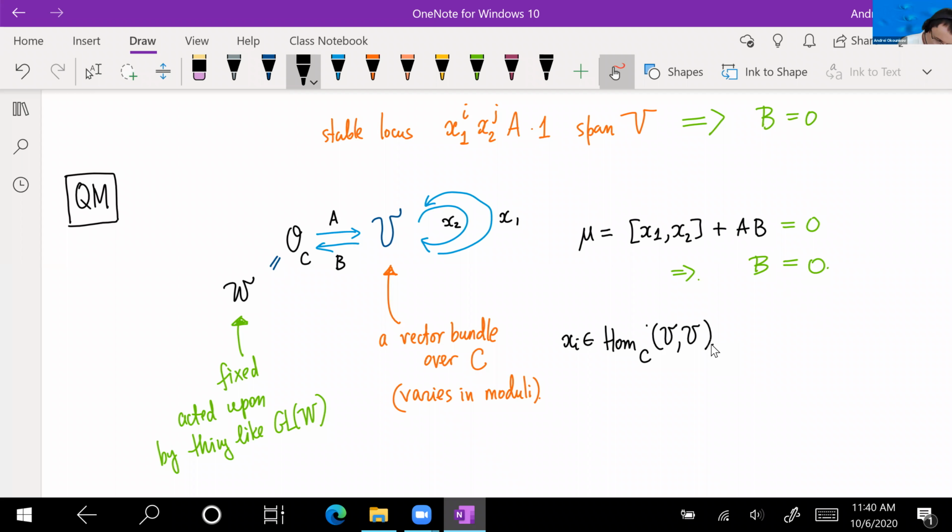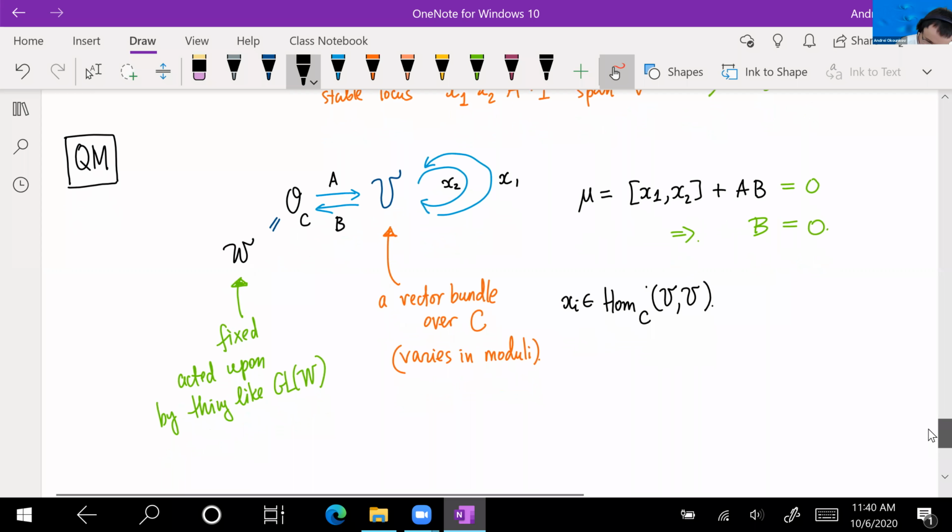And so what does it mean to be stable? What does it mean to have a base point?